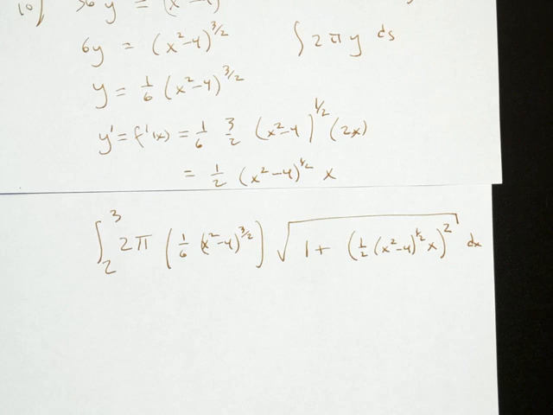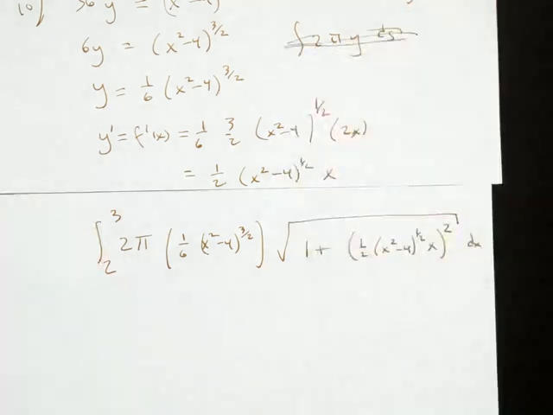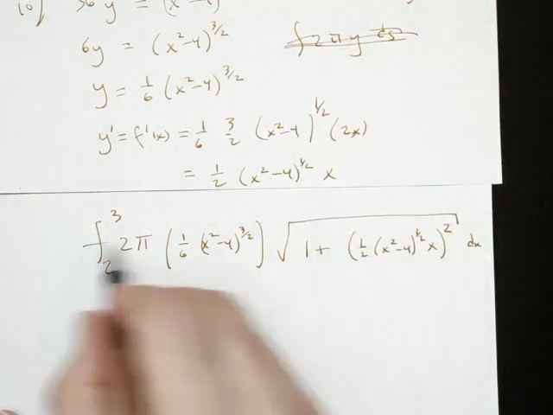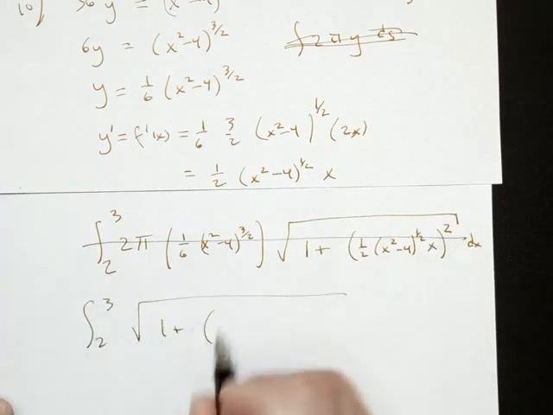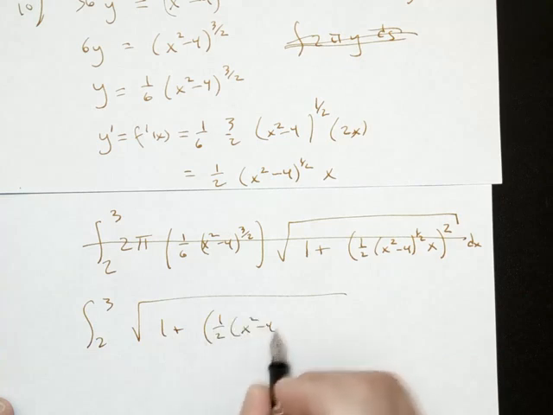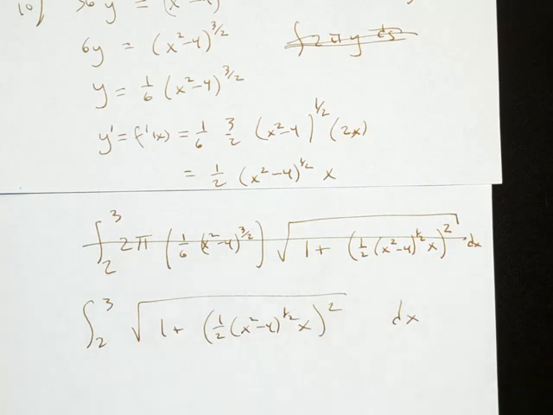Oh, stop. That's the surface area integral. I just want the arc length. There's no 2 pi y, there's just the ds. My apologies. Hopefully the algebra now is a lot nicer. It's not great, but it's nicer.